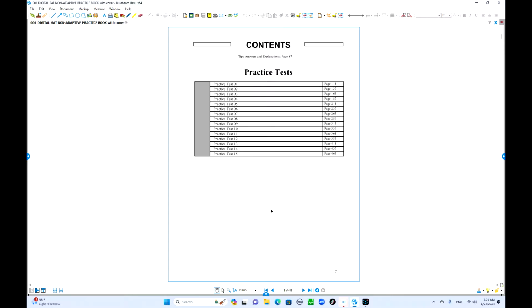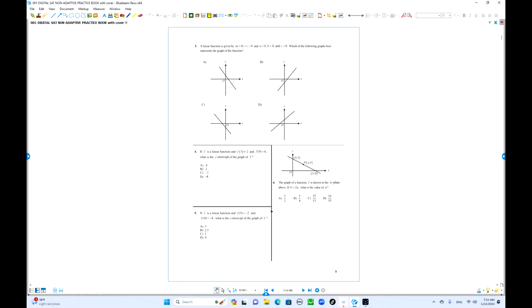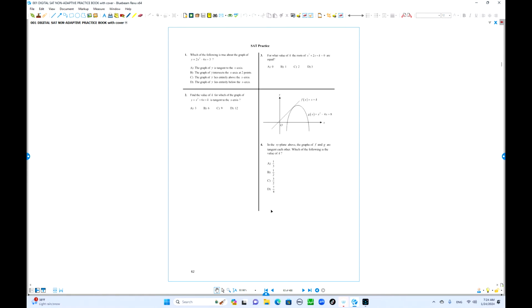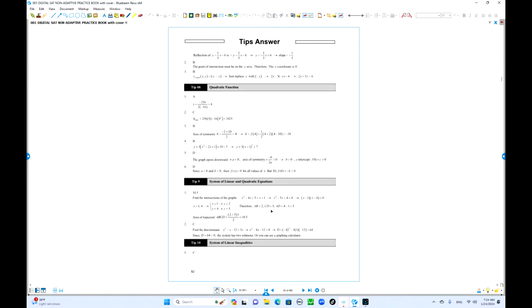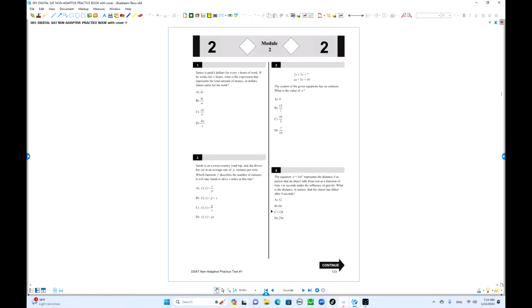Today we're gonna do practice test 2, test 1 module 2. Okay, so we're gonna go all the way down. Yeah, this is test 1 module 2. Okay, now we're gonna try this one.